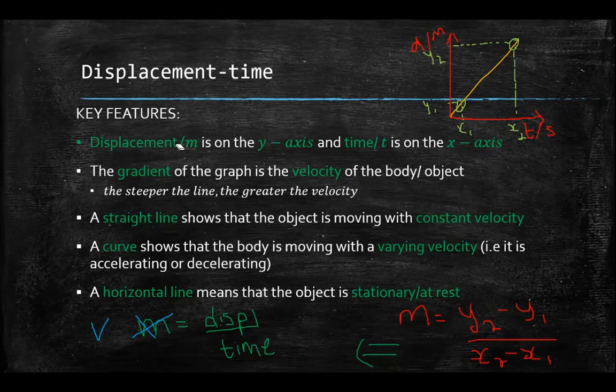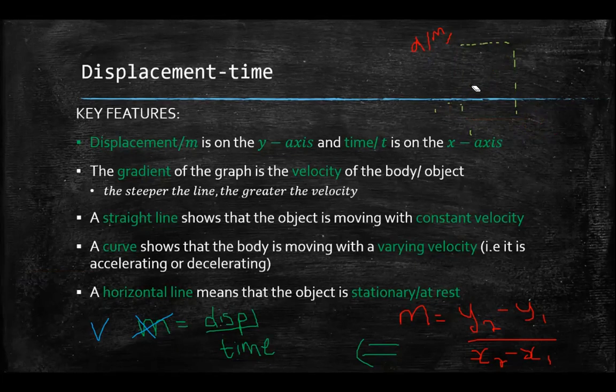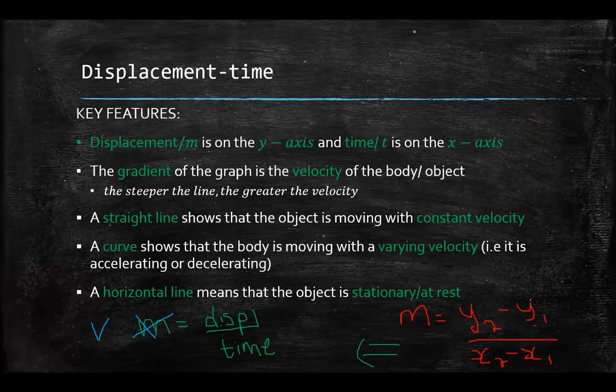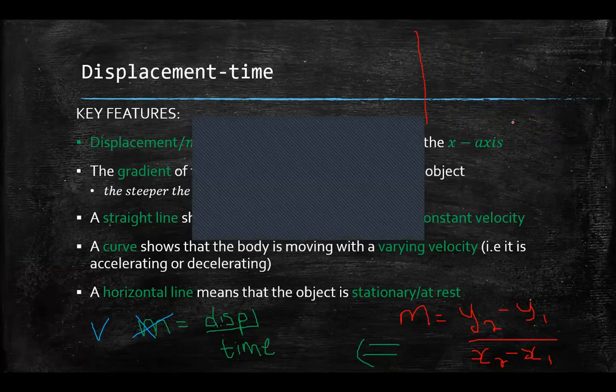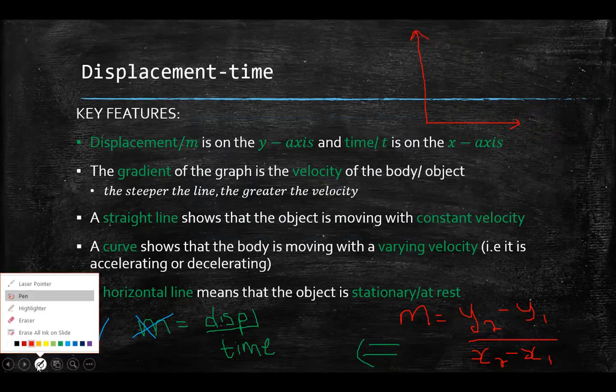And then there's a point you need to know. The steeper the line, the greater the velocity. How do I know that? Well, let me just erase this on top. When we were doing coordinate geometry and straight lines and all that, the first time you met this concept of gradient with me, we said the steeper the line is, the greater the gradient.